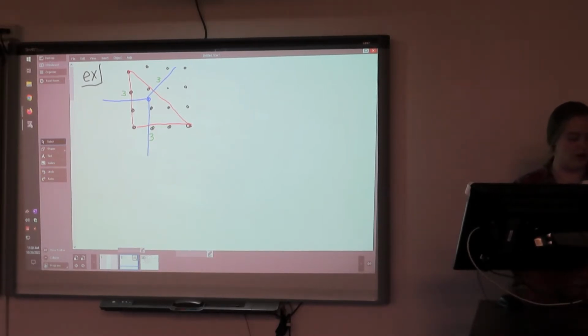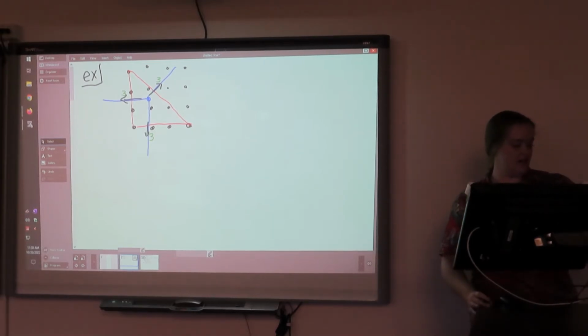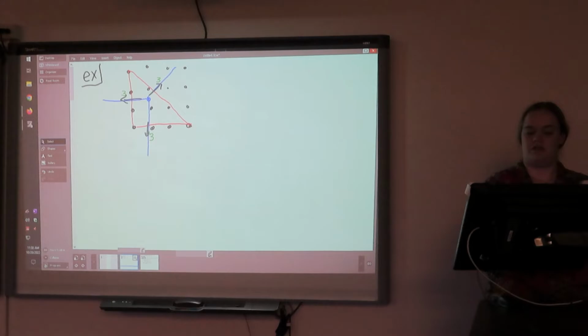Okay, and now for our primitive vectors, we're going in the direction of these lines this way. So we'll start with the one on the left. That vector is going in the x direction backwards 1 and up 0.